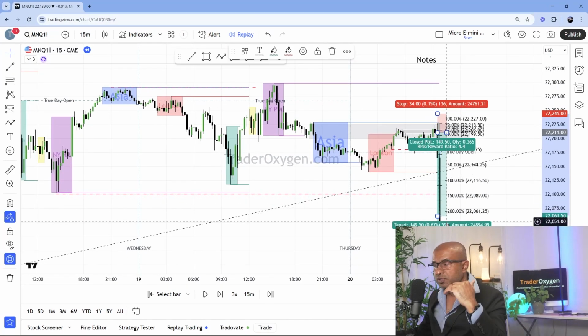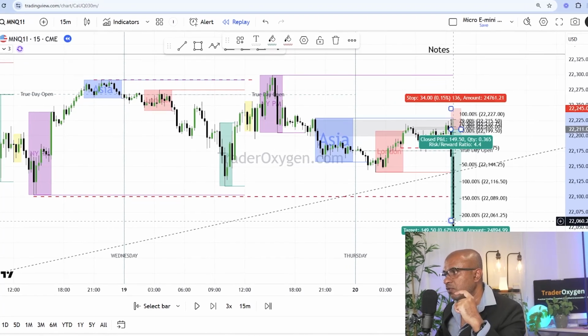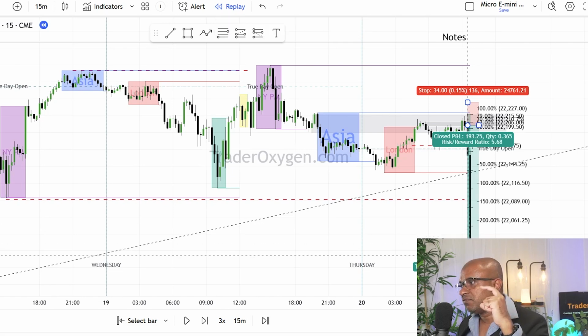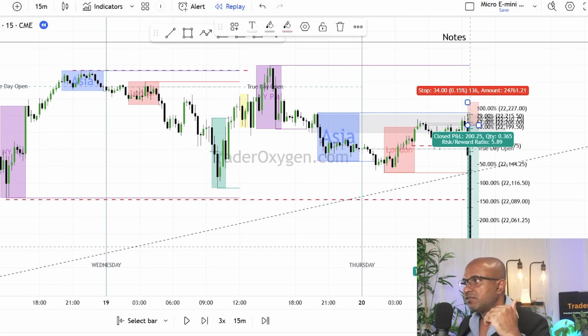We take another partial profit at this, but we wait to see if the 15 minute candle can go further down. So we leave the last part of the trade until the 15 minute candle is over, and when it is over, this is where we exit our trade. So we exit our trade for a remarkable 1 to 5.89 risk to reward trade.